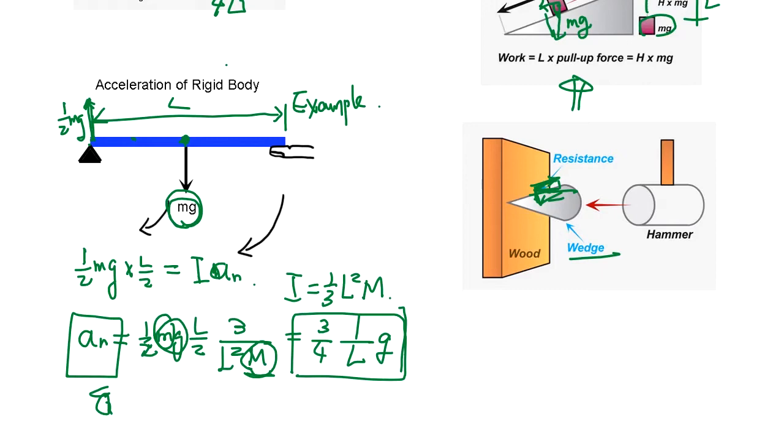If you consider the actual acceleration, now we got angular acceleration. How about the parallel motion acceleration? For parallel motion acceleration, we look at this center of gravity, and this point doesn't move. So this angular acceleration is going to cause the acceleration on this point, which is L/2.